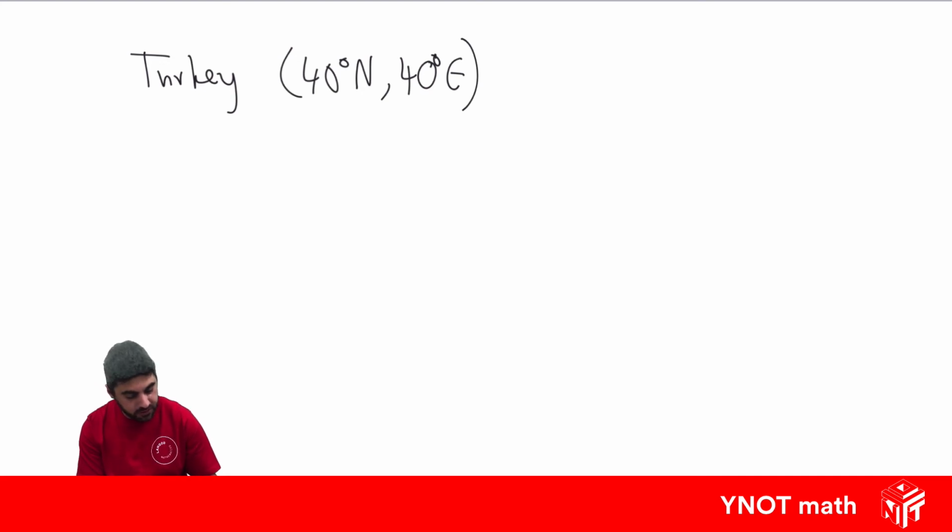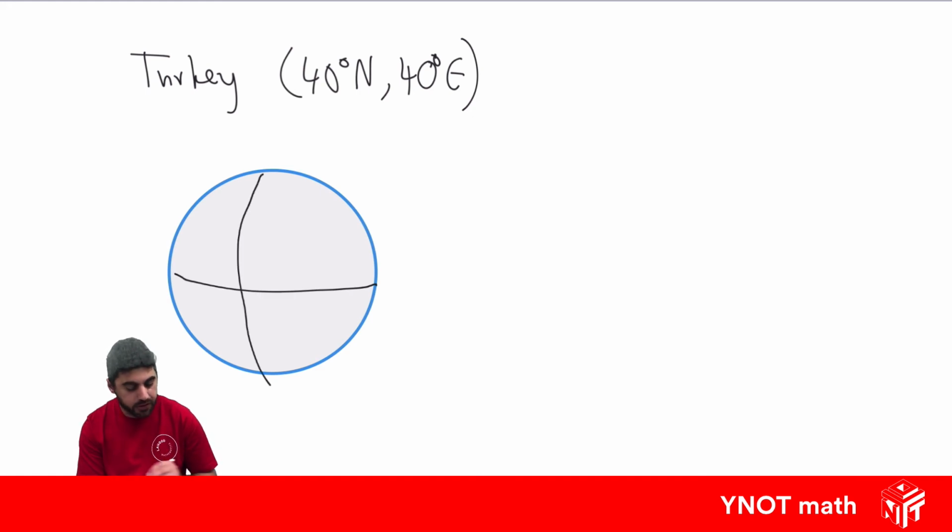So if you can imagine our Earth, then we had our equator here and our Greenwich Meridian or prime meridian there. So 40 degrees north would be about there from our equator, and 40 degrees east would be about there, coming across 40 degrees. So that's roughly where Turkey would be in relation to both of those lines of reference.